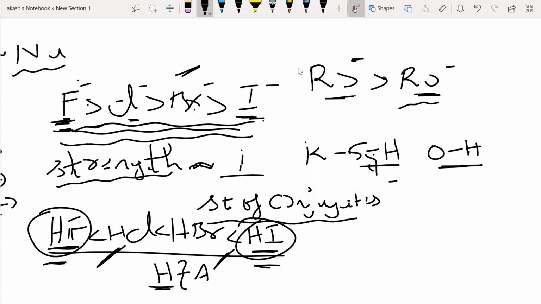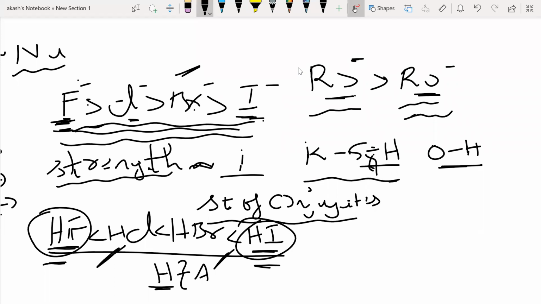So this would have been a better acid, so this would have been a weaker conjugate base. Thiols are better acids than alcohols because of the bond strength, right? So definitely RO minus will be a better base than RS minus. So what I expect is RO minus to be a better nucleophile than RS minus, but what I see in reality is the opposite.